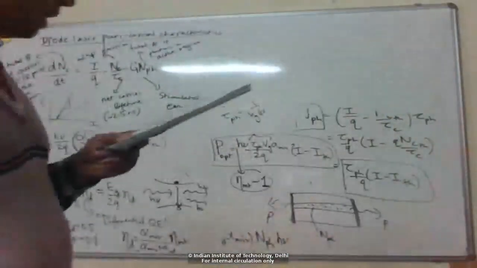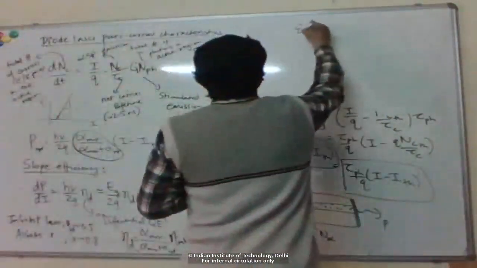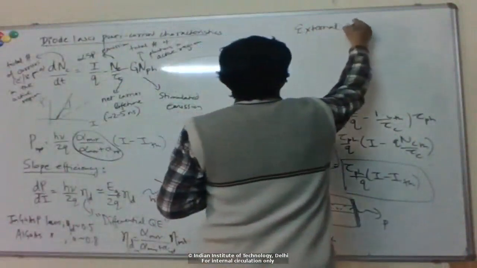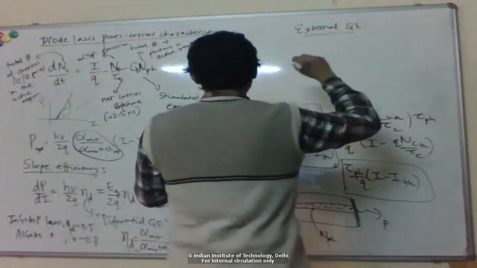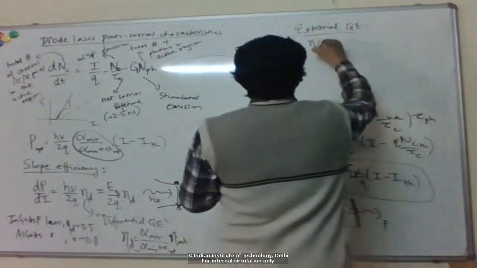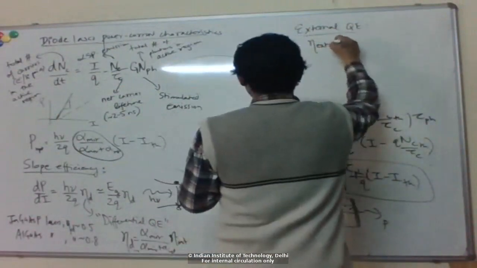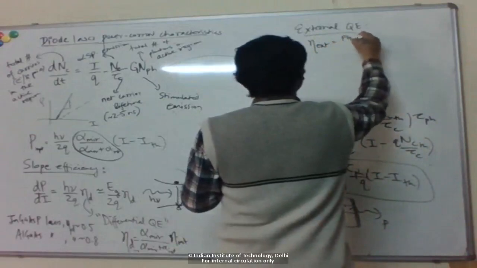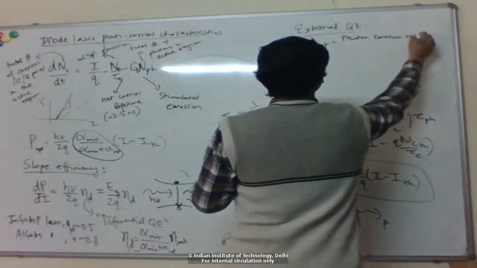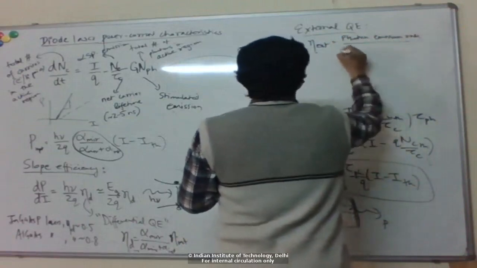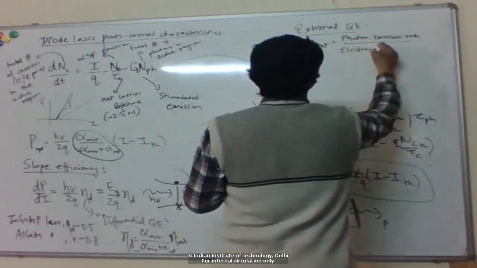One can also define what is known as an external quantum efficiency. That's basically the photon emission rate divided by the electron injection rate.